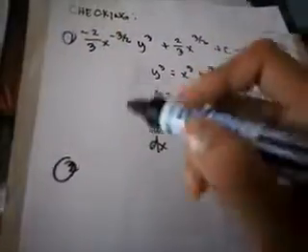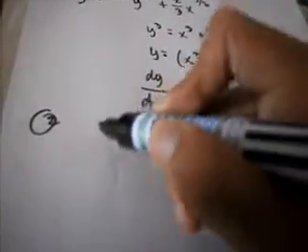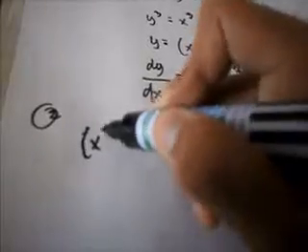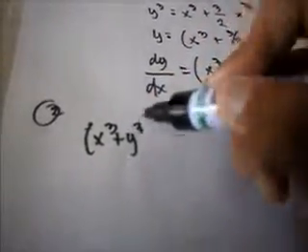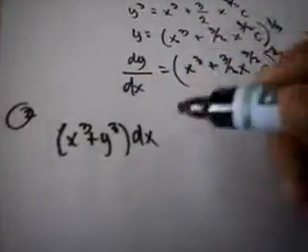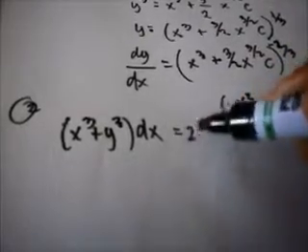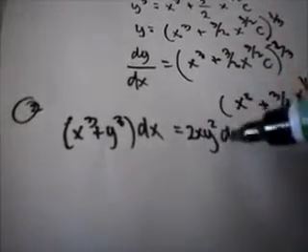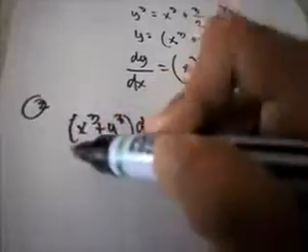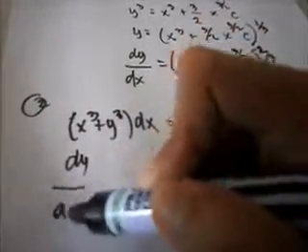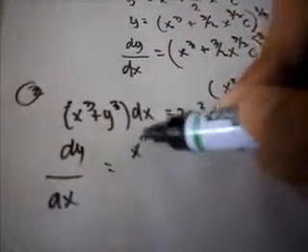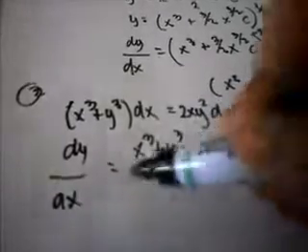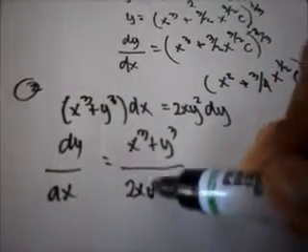Step 2. This one is step 1. Our original equation was x cubed plus y cubed dx equal to 2xy squared dy. So dy/dx is equal to x cubed plus y cubed over 2xy squared.